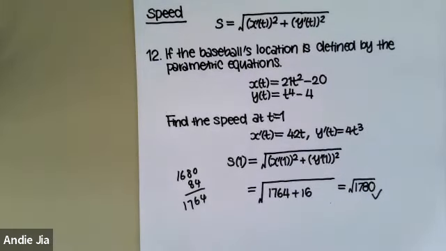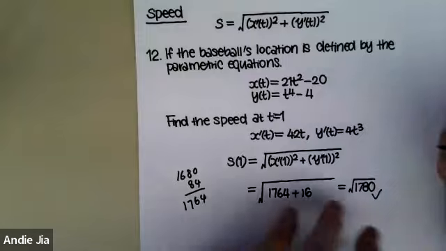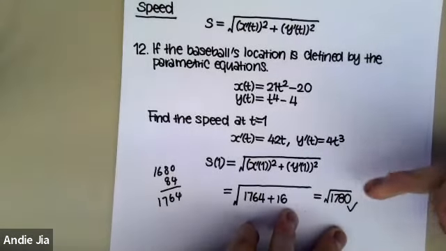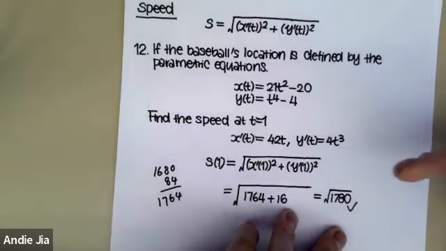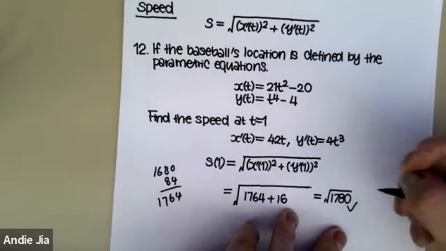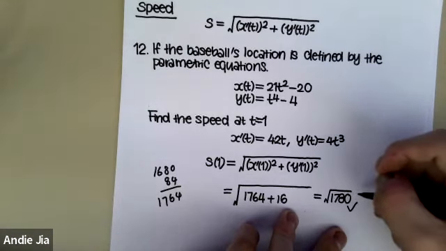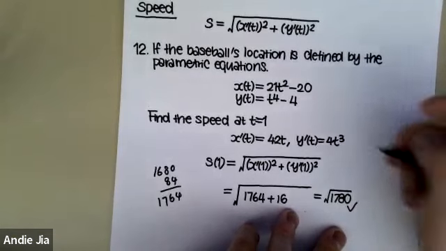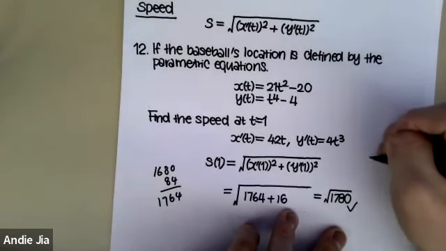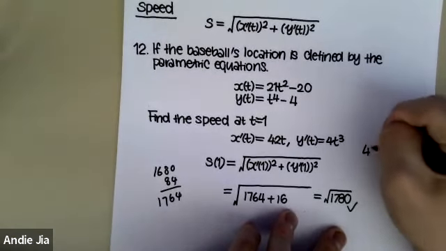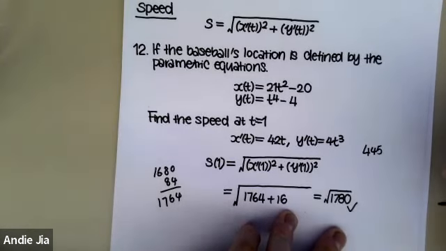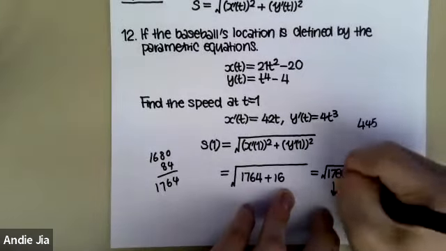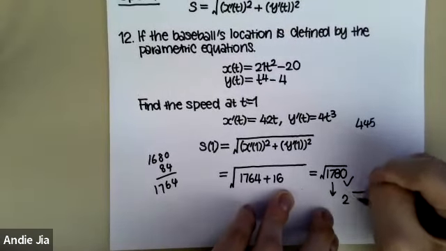If you divide by 4, this is 445, so it's going to be 2 square root of 445.